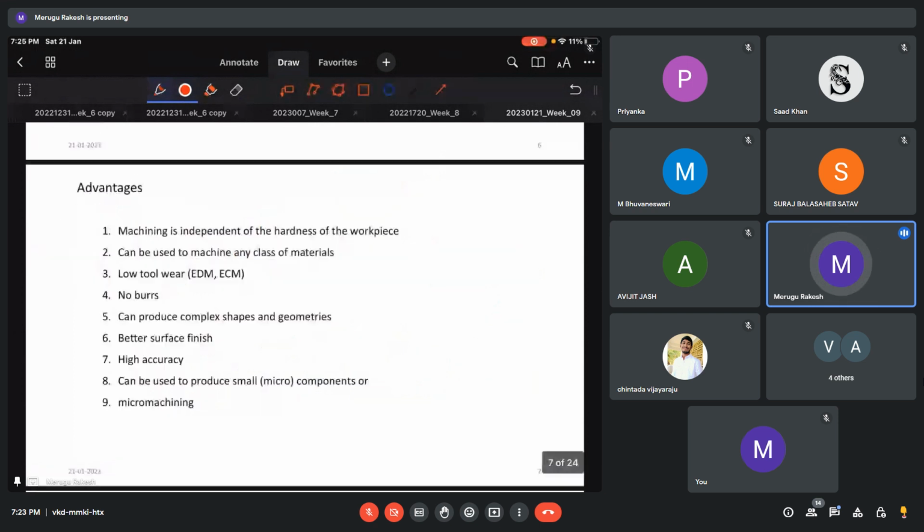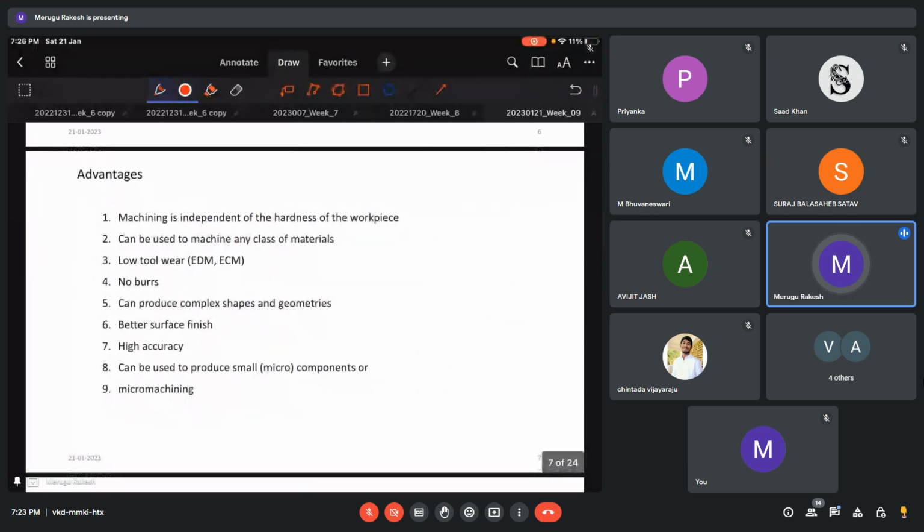So let us discuss some of the advantages and other things. So it is independent of hardness as well as conduction. Some of the materials may not be conductive, so we can use this type of process, like ultrasonic, abrasive water. All these processes do not depend on the workpiece electrical properties or thermal properties.